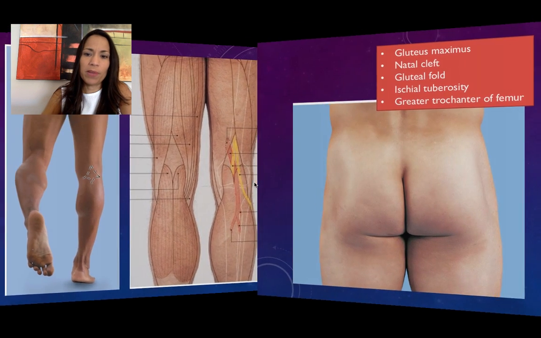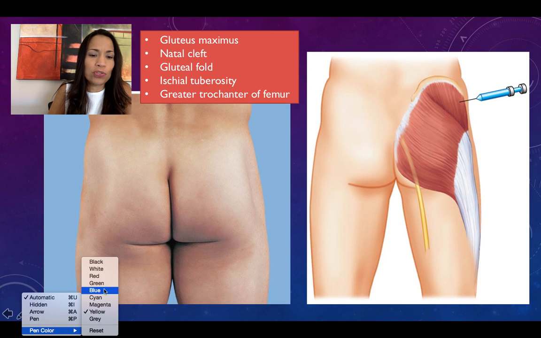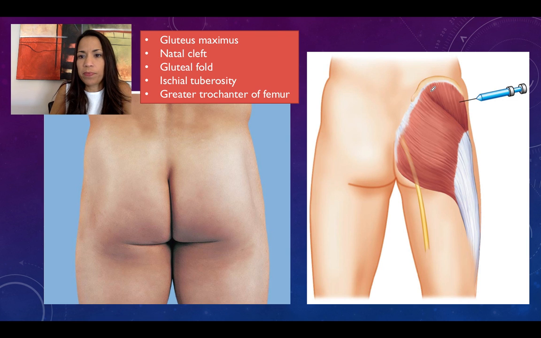It's just considered a safe area. Injections in adults are given in what's called the ventral gluteal site, on the gluteus medius. Of course, not in the gluteus maximus, because we don't want to take the risk of damaging the sciatic nerve.